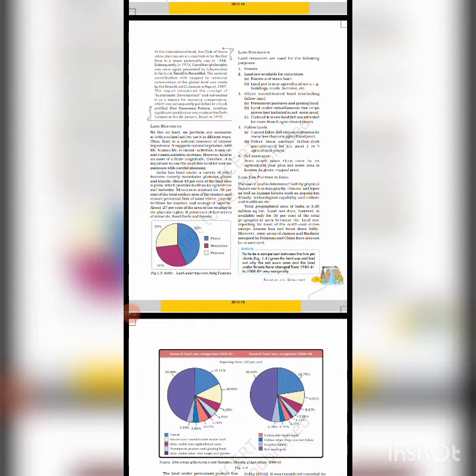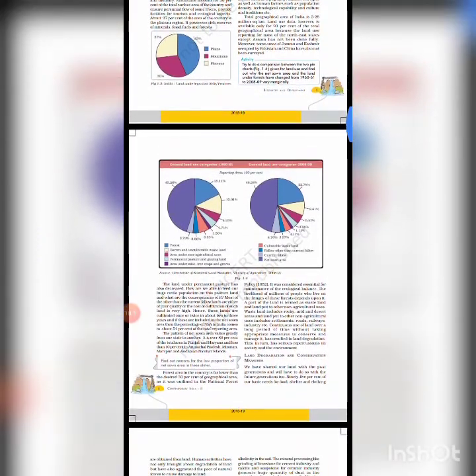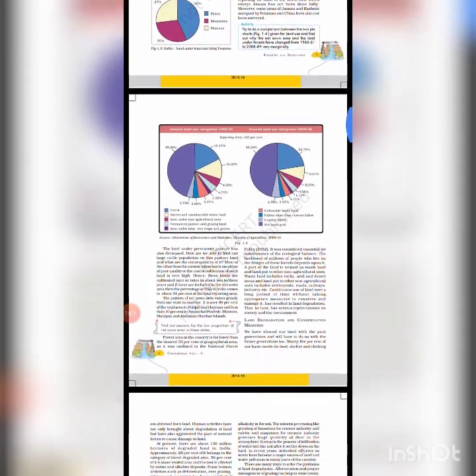Continuous use of land over a long period of time without taking appropriate measures to conserve and manage it has resulted in land degradation. What do you understand by land degradation and conservation?